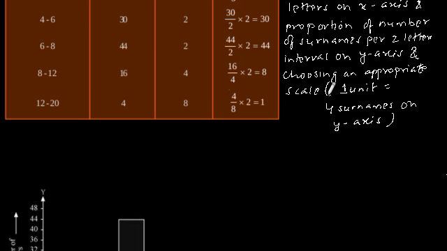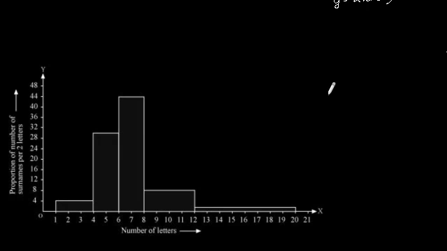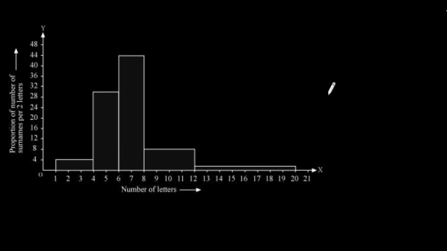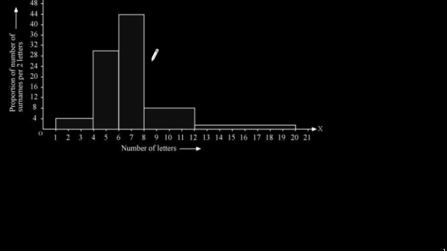So considering this histogram, we can observe that the class interval in which the maximum number of surnames lies is 6 to 8, that is this rectangle, as it has maximum number of surnames, that is 44.